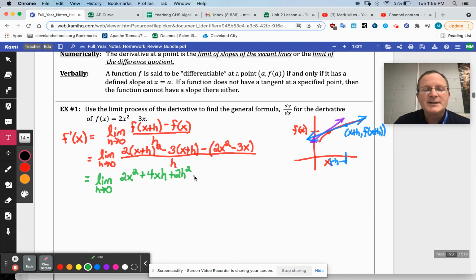Then we've got minus 3x minus 3h minus 2x squared plus 3x, all divided by h.